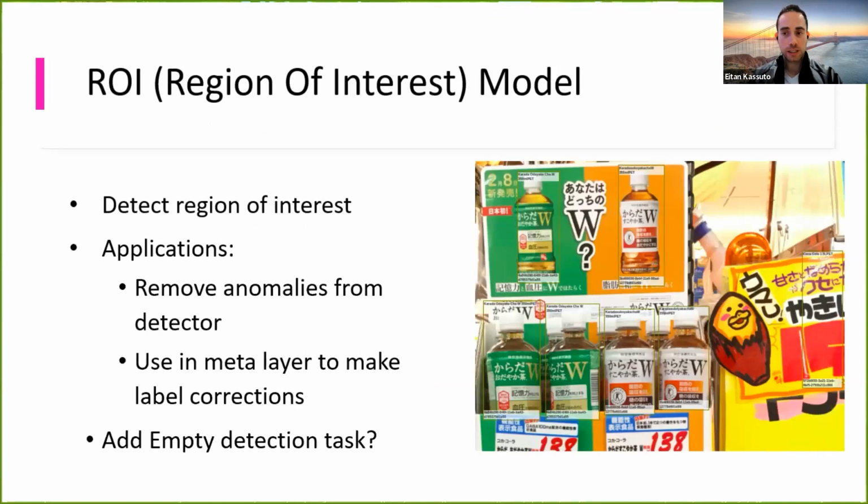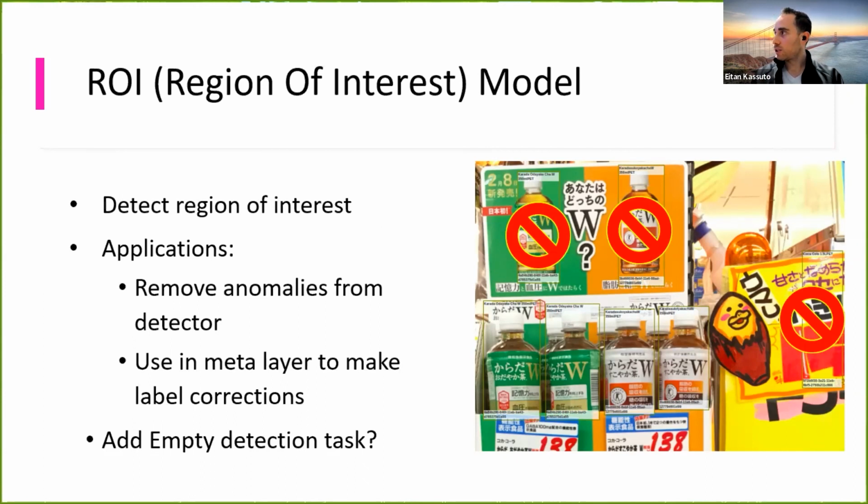Essentially, this model is trained to output segmentation maps of regions of interest, or where we think there are products on the shelf. And we can use this data to remove anomalous tags like the ones I mentioned before. So for example, in this case, you can see that the detector placed bounding boxes on the banner above here, and also to the right. These are anomalous tags which we want to get rid of. So using the ROI model, we are able to clean up those tags.